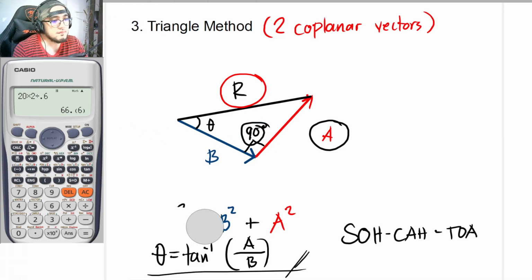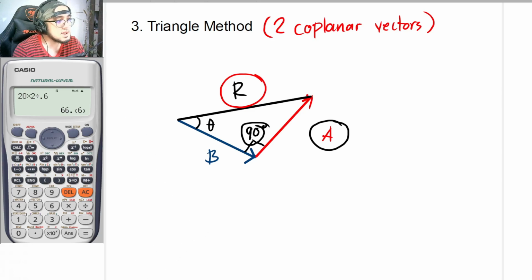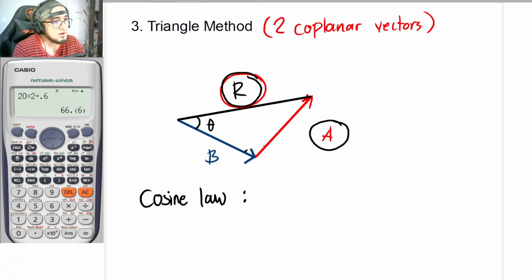However, what if the angle that was formed there isn't 90 degrees? So once again, you can make use of other trigonometric techniques such as your cosine law, or let's say your sine law. Let's say that this is now to be your r.